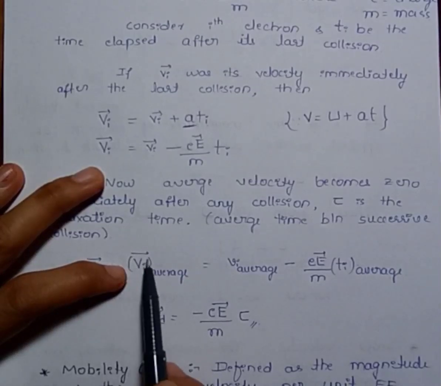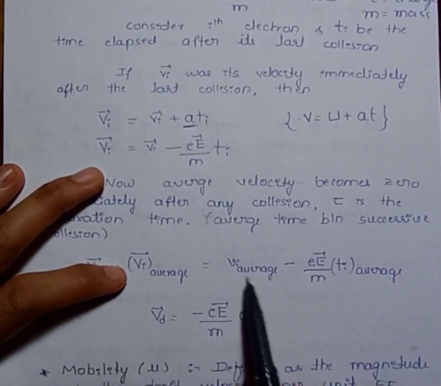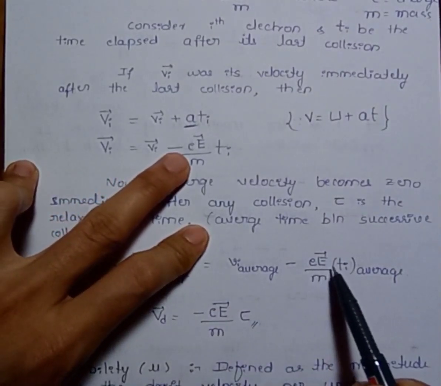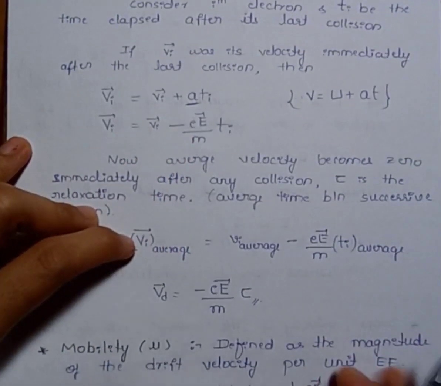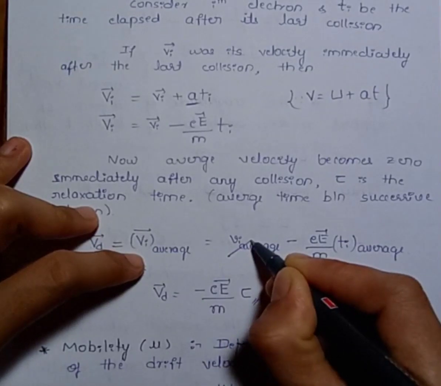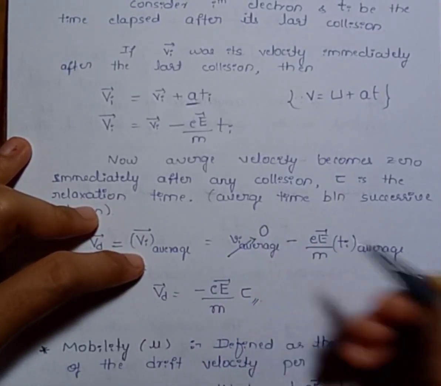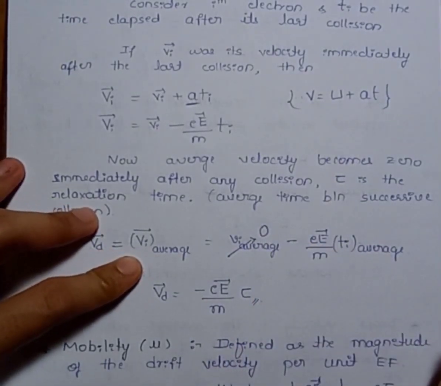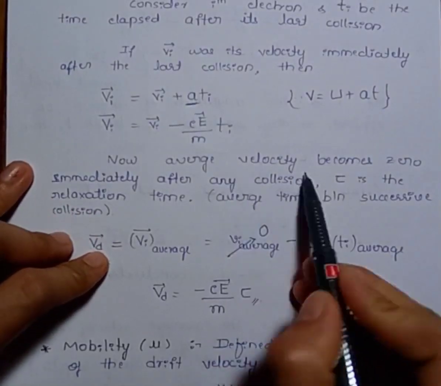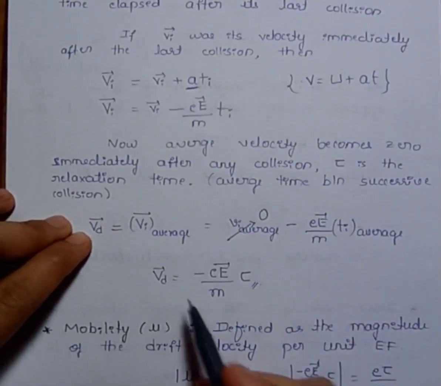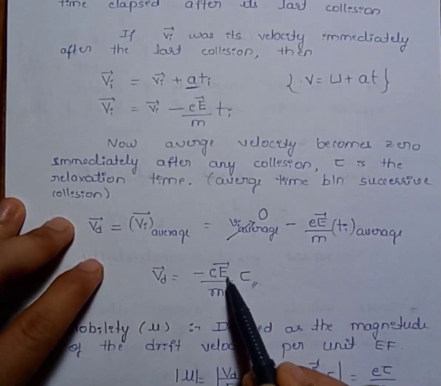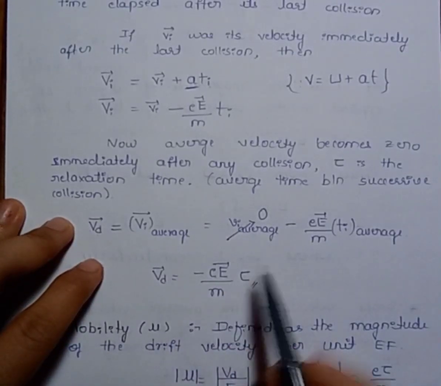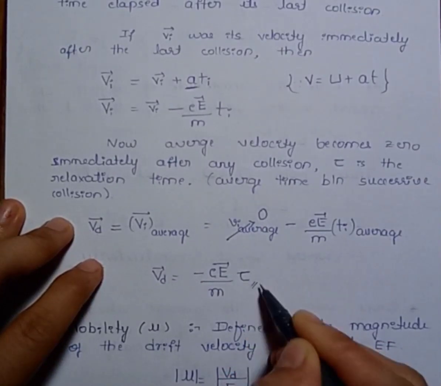Vi average is equal to small vi average minus e into capital E divided by m into ti average. Here small vi average gives the value 0 because the average velocity becomes 0 immediately after any collision. Then drift velocity Vd is equal to minus e into capital E divided by m into relaxation time tau.